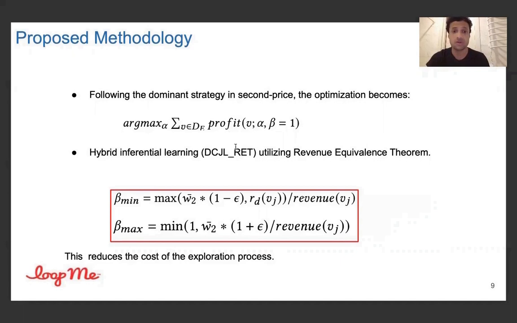In this approach, we make use of the estimated winning price W2 from the second price traffic of the same inventory and utilize it in the first price traffic by adjusting the original mean and max of the betas as shown in the formulas. In this way, we are narrowing down the range of the exploration, and hence we avoid unnecessarily exploring in non-interesting areas, which reduces the exploration cost.